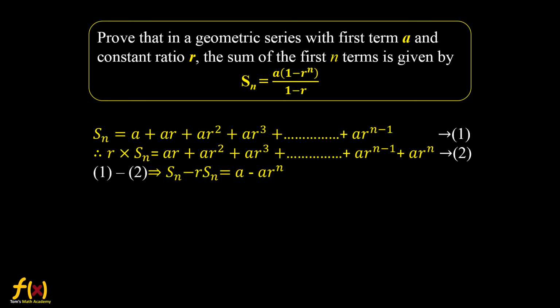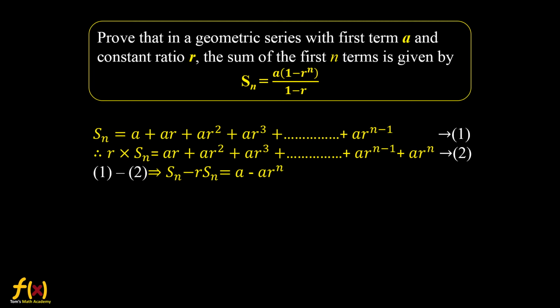Equation number 1 minus equation number 2 gives us Sn minus rSn is equal to, if you subtract the terms one by one, ar minus ar gone, ar square minus ar square gone, ar to the power n minus 1 also will be gone. Now what is left? We are left with a minus ar to the power n. Okay, that is our third step.